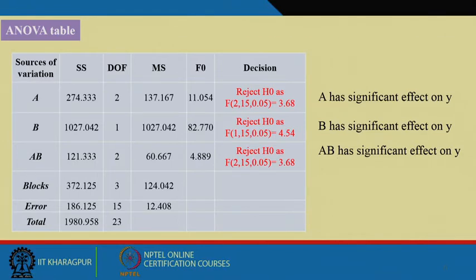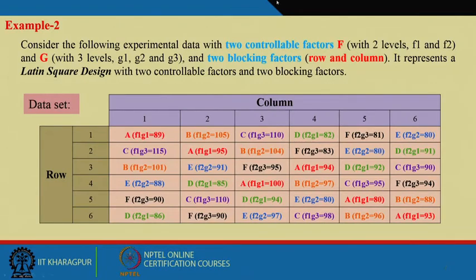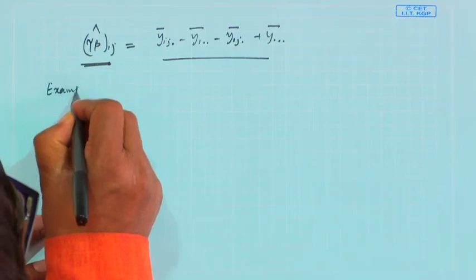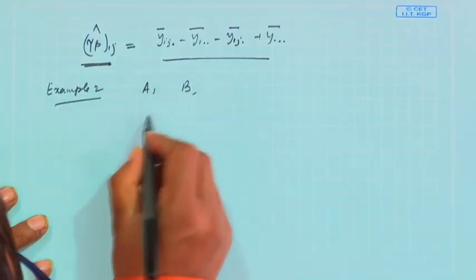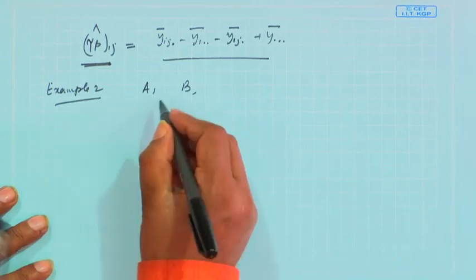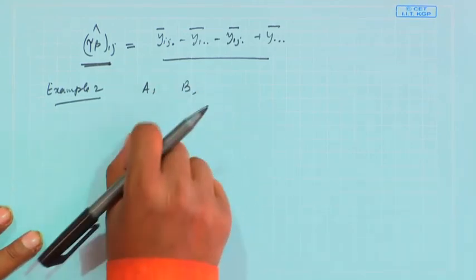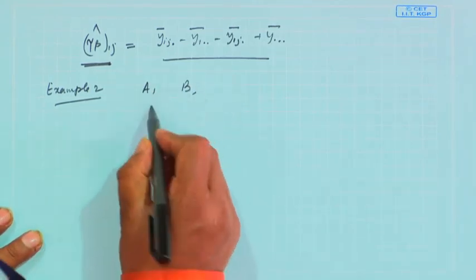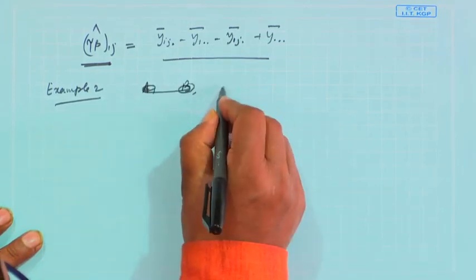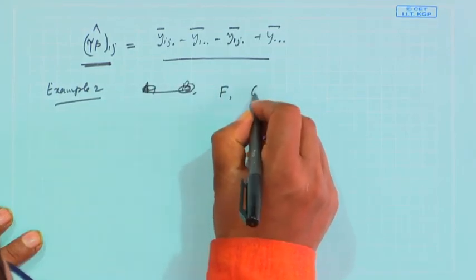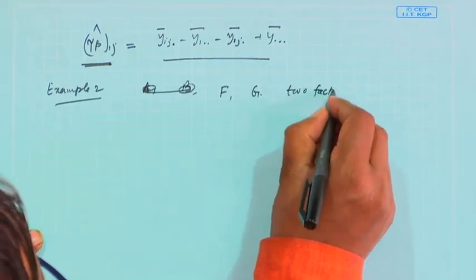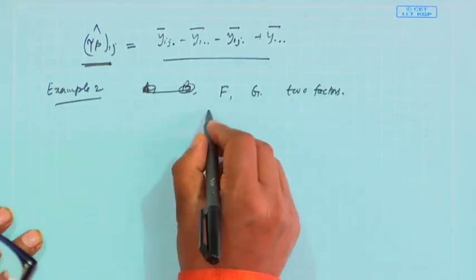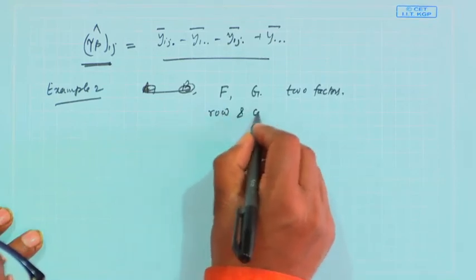Okay. So, now I will show you another example, example 2, where there are two factors and two nuisance variables. So, we have considered two factors F and G, and two nuisance variables in row and column.